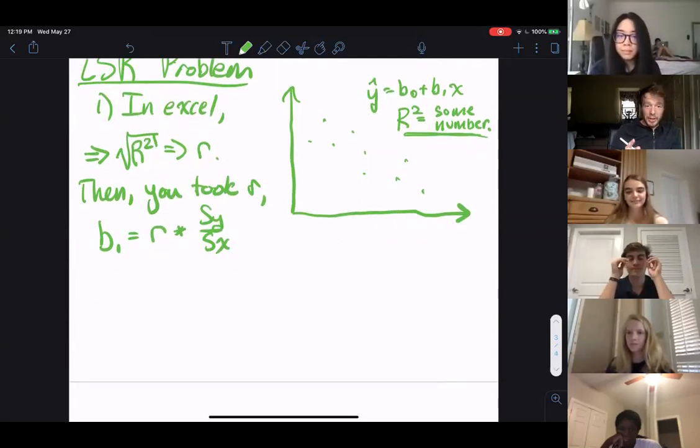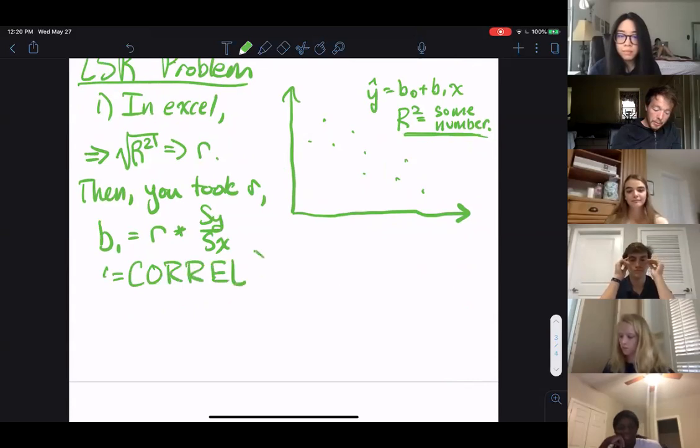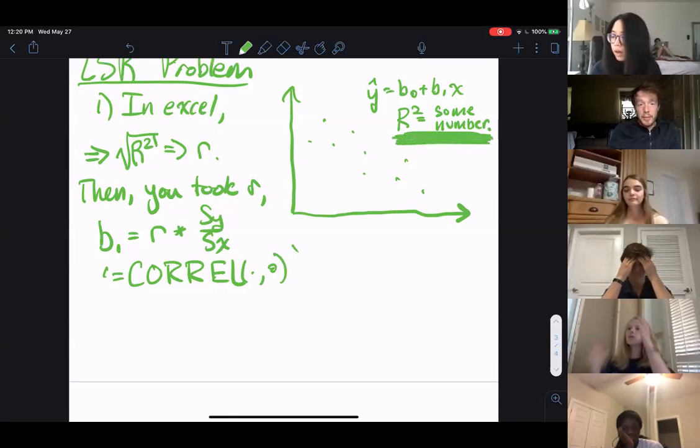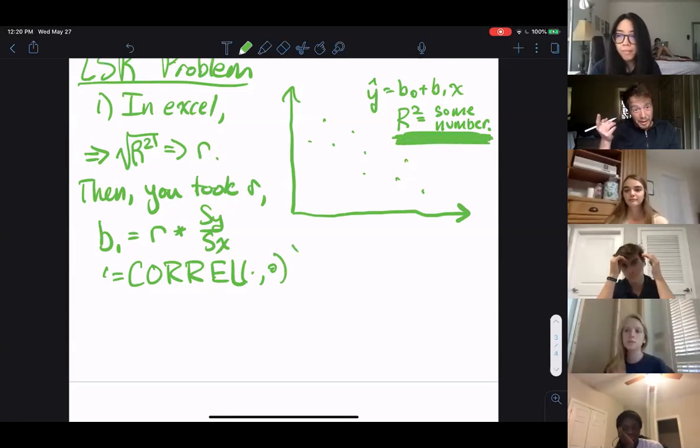This is not how I told us to calculate this. I would have preferred we use the Correl function in R because that gives us the best precision. The problem with using this r squared right here is that Excel doesn't give you that many digits. In fact, Excel goes ahead and rounds that value.